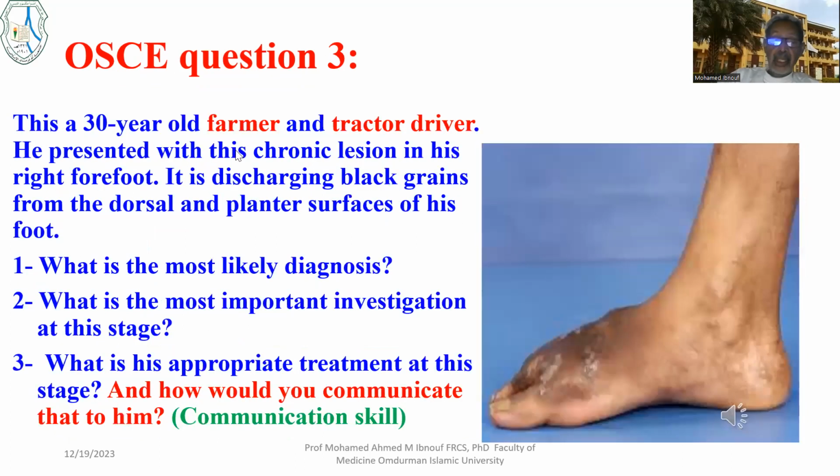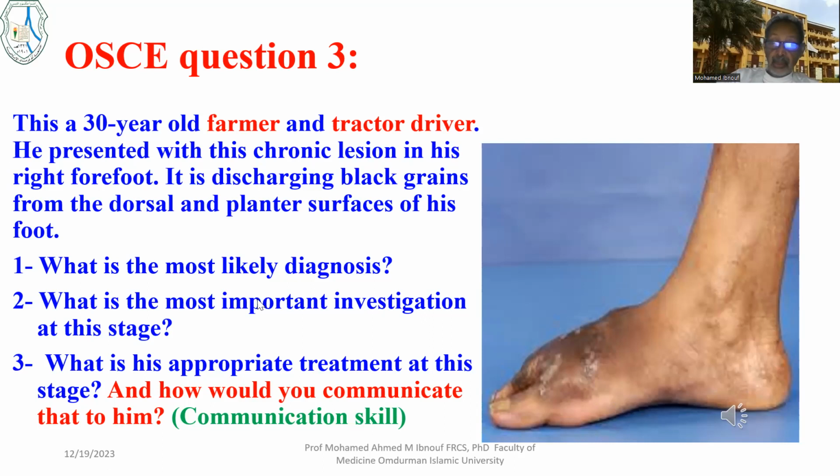The third question also is an OSCE question. This is a 30-year-old farmer, and he is also a tractor driver. He presented with a chronic lesion in his right foot. It is discharging black grains from the dorsal and plantar surface of the foot. Now, what is the most likely diagnosis?